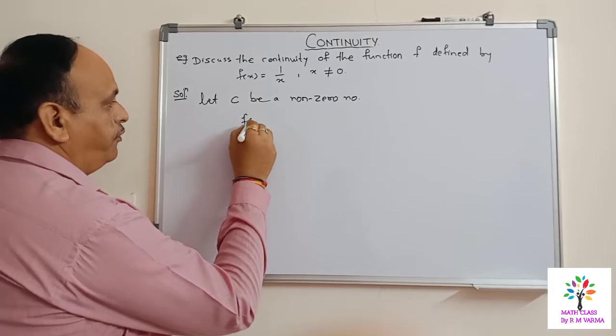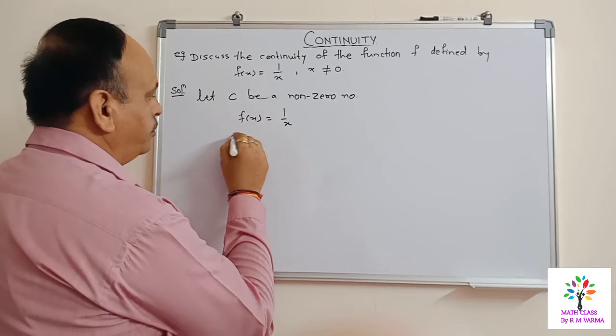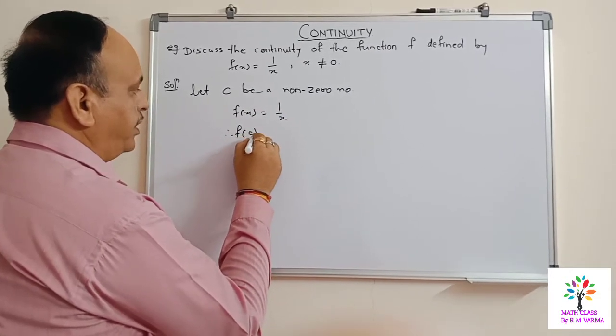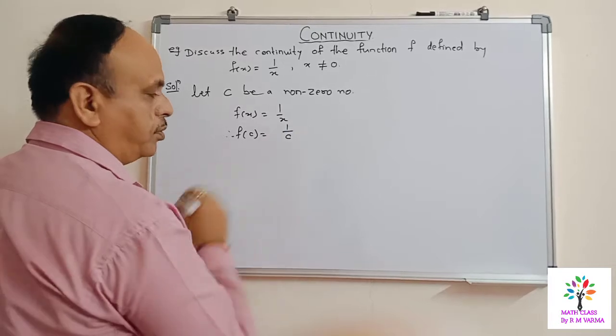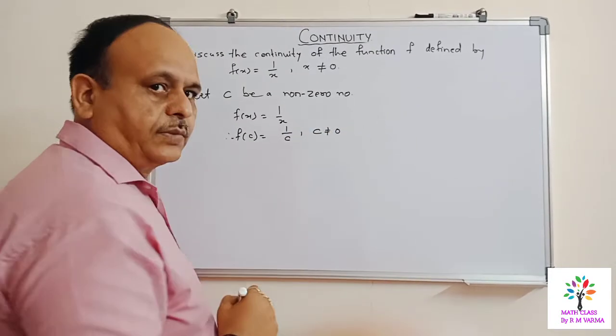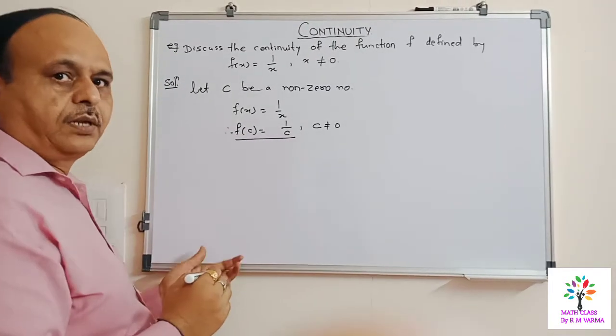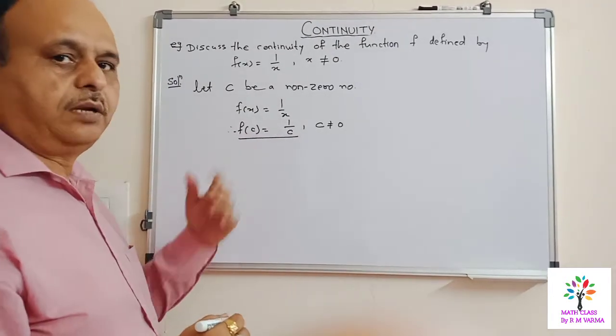Now, f(x) is equal to 1/x. Therefore, f(c), if I put it, is 1/c. Here, c is not 0. So this is the value of my function f(x). Now I find out the limit.